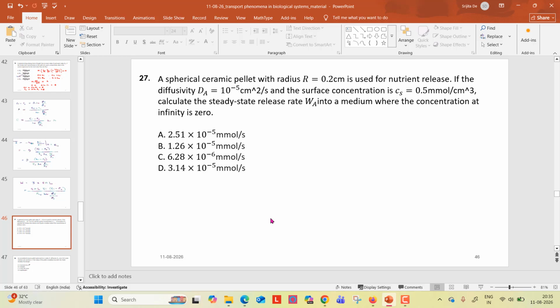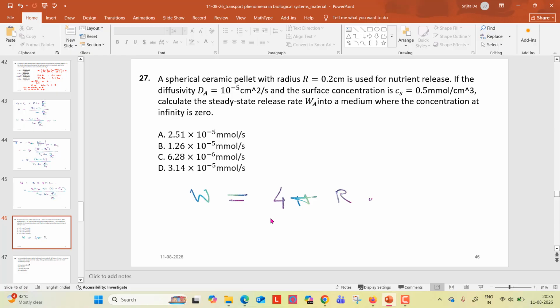For a sphere, the release rate will be 4 pi D R Cs.